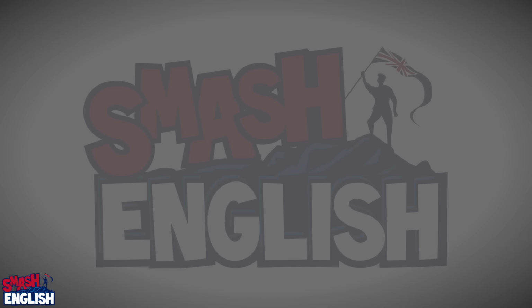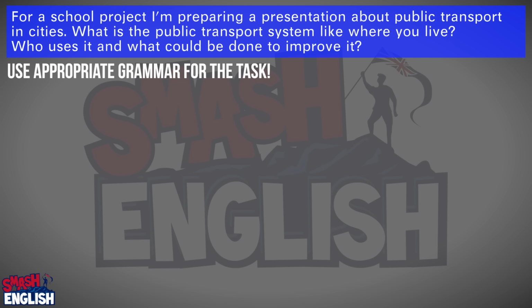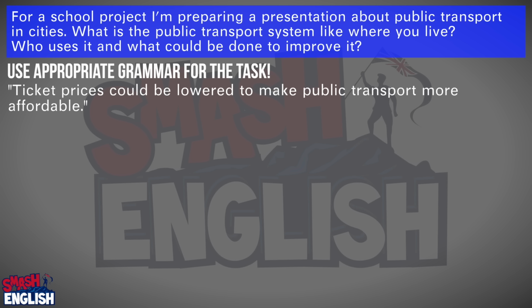For example, in this question, one of our tasks is what could be done to improve the public transport in your town? I think using the passive is appropriate here, so we should use the passive to answer the question. Ticket prices could be lowered to make public transport more affordable. Moreover, here we are giving a suggestion, so we are using the modal verb could for suggestions.